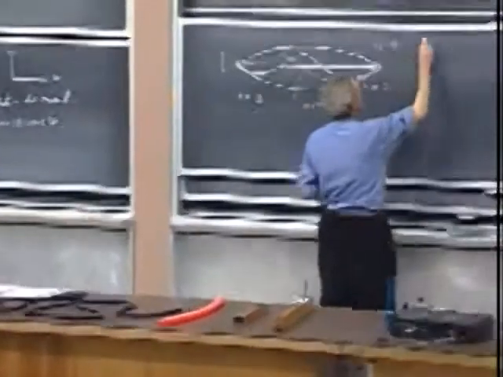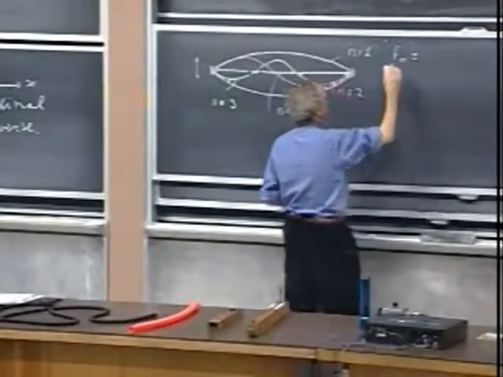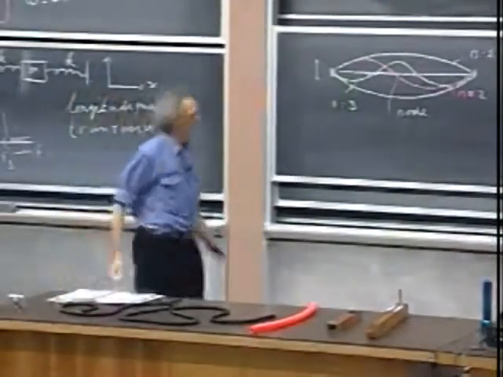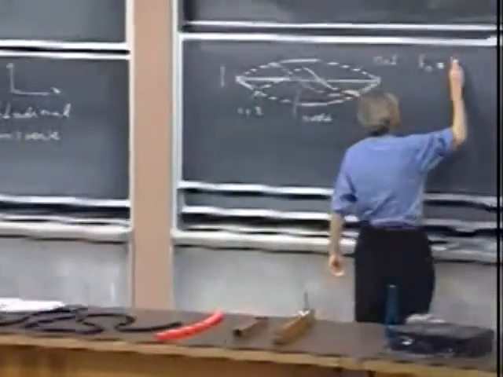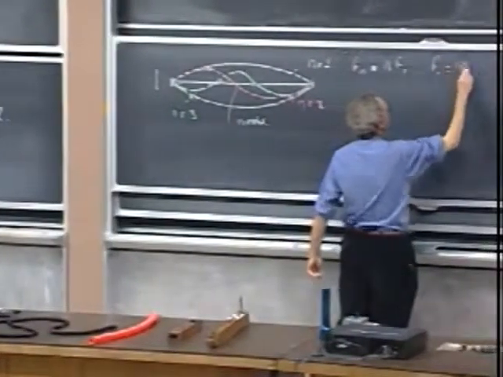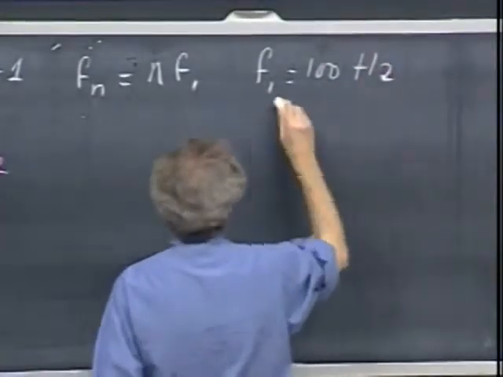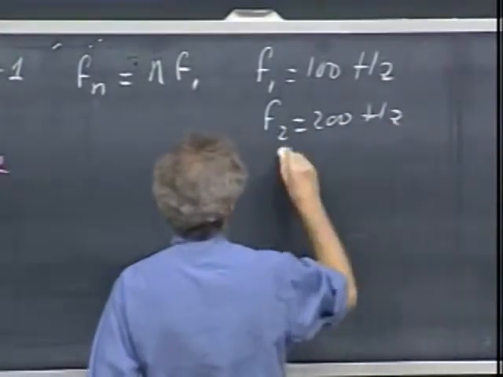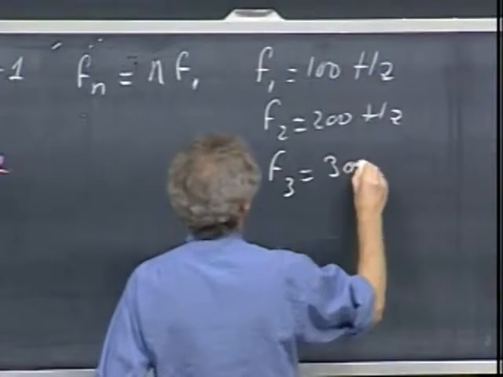The frequency that I generate, I call that f of n, n is an integer, it could be 1, 2, 3, or 4, is linear in f1. In other words, if f1 were 100 hertz, then f2 would be 200 hertz, and f3 would be 300 hertz.